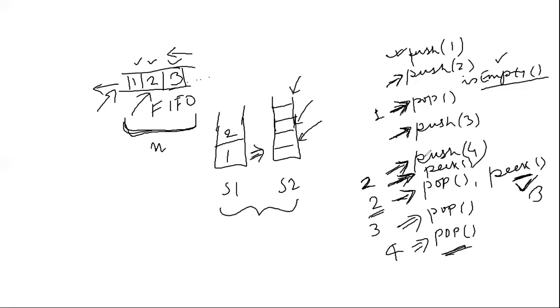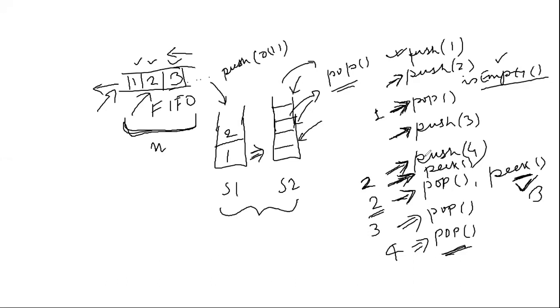Because we are just returning the item from the peak. So for pop, it's not always O of n. For push, if you remember, we are always putting on this stack. So for push, it is definitely O of 1, right?